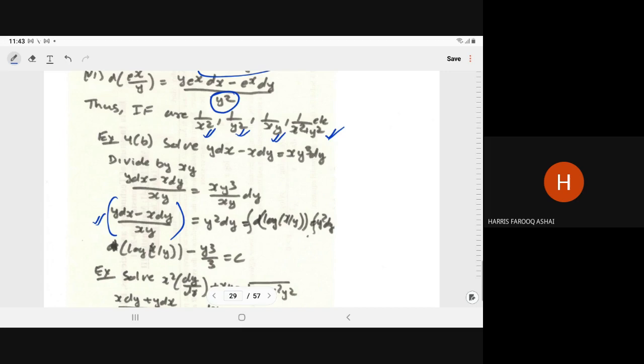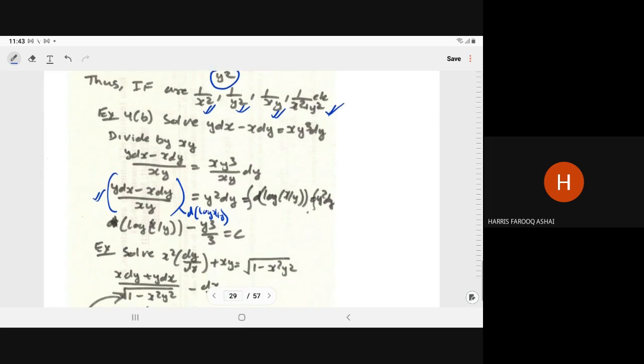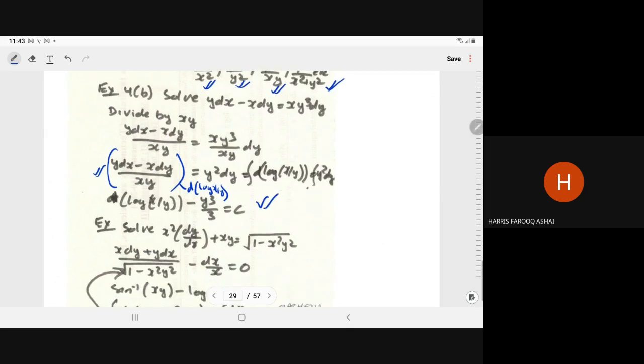Now if you integrate on both sides, you will get log of x upon y is equal to y cube upon 3 plus c. So that is your answer.